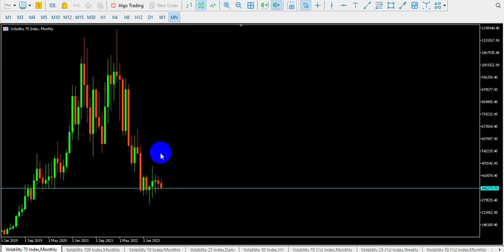I was explaining why price will not go up before I did the V50, and I was giving you guys a clue of what you see around this area that my mouse cursor is.